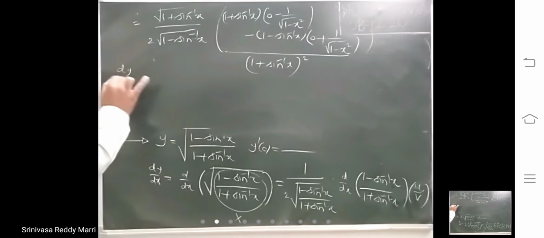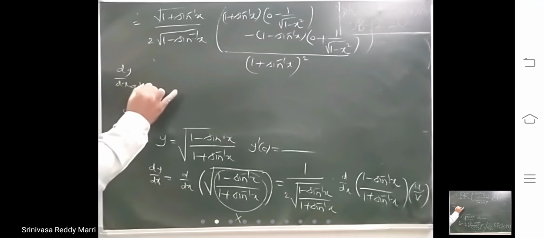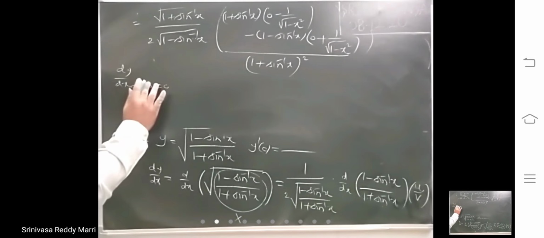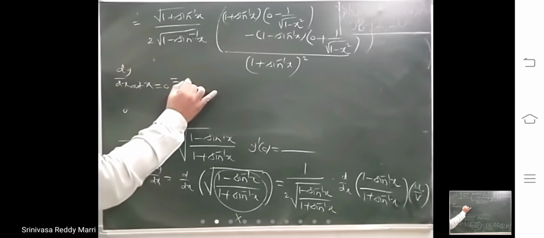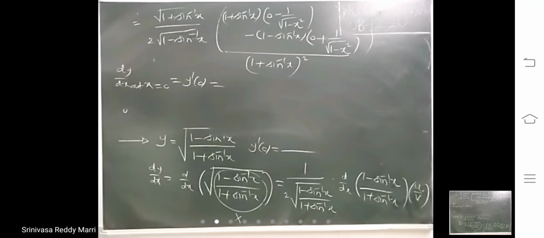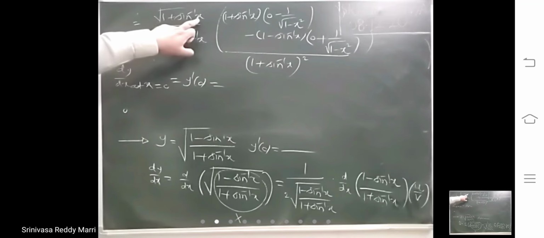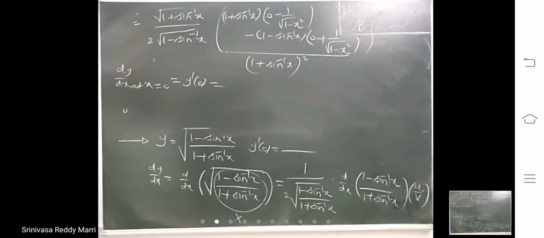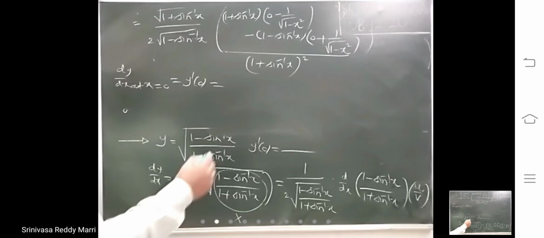Now what you want to calculate is dy by dx at x equal to 0. This is also called y dash 0. Substitute x equal to 0. Sine inverse 0 is nothing but 0.